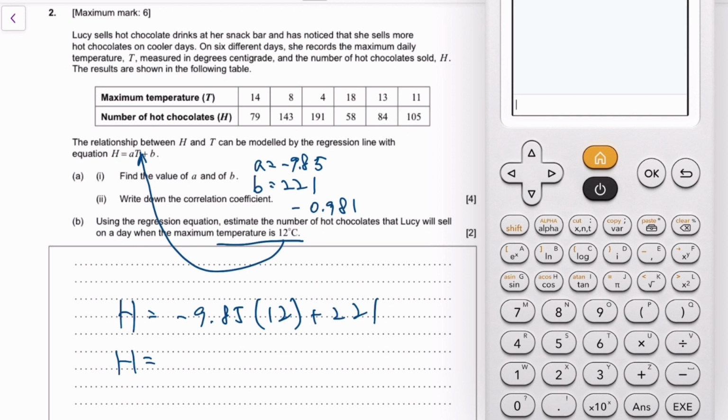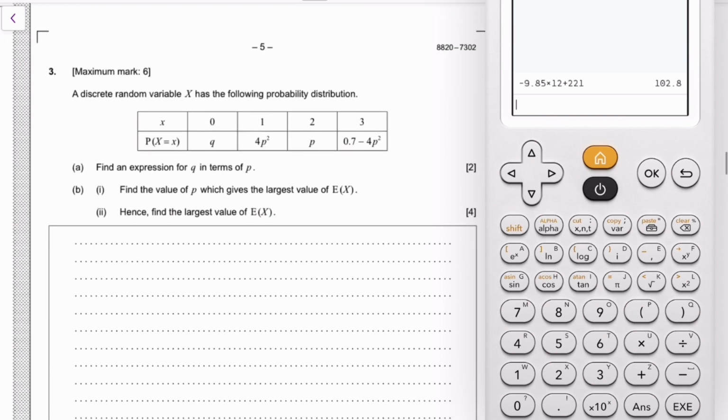By the way, 12 is within the range of the data. The range of the data is from 8 to 18. So this is called interpolation. Interpolation is considered a reliable prediction, while if it's outside, it will be unreliable. Nice and easy.